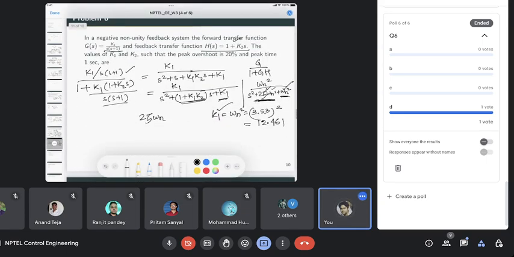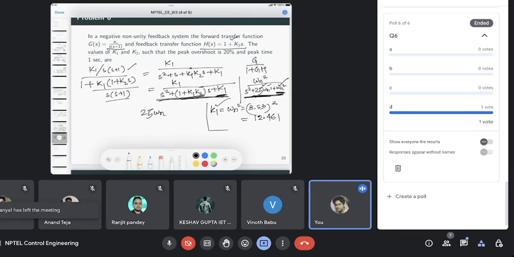Once you get this omega n and this damping ratio, then other things are very clear, right? You just compare this system, whatever you get, with the standard second order system and find the coefficients. Your k1 value will be omega n square. Once you get k1, you have 2 zeta omega n equal to 1 plus k1 k2. So you have the k1 value and the zeta omega n value, so you can simply calculate the k2 value.